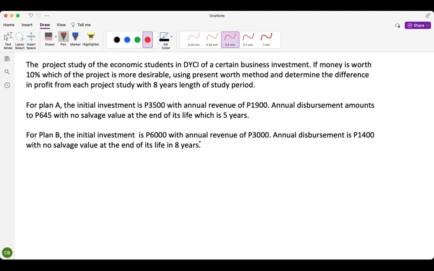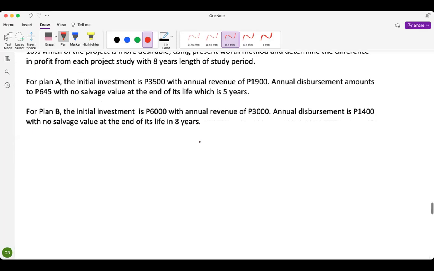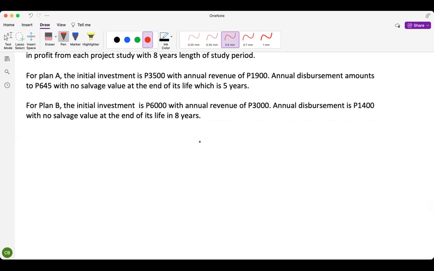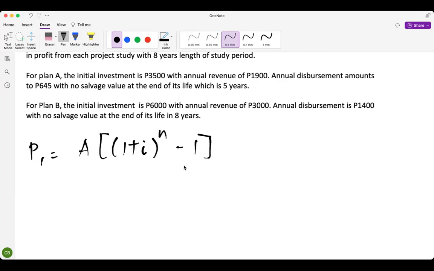So we will choose which plan is better. For plan A, it takes 8 years length of study, no? So we will have the P, which is the annual, which is 1 plus i raised to n minus 1 all over 1 plus i raised to n times i.